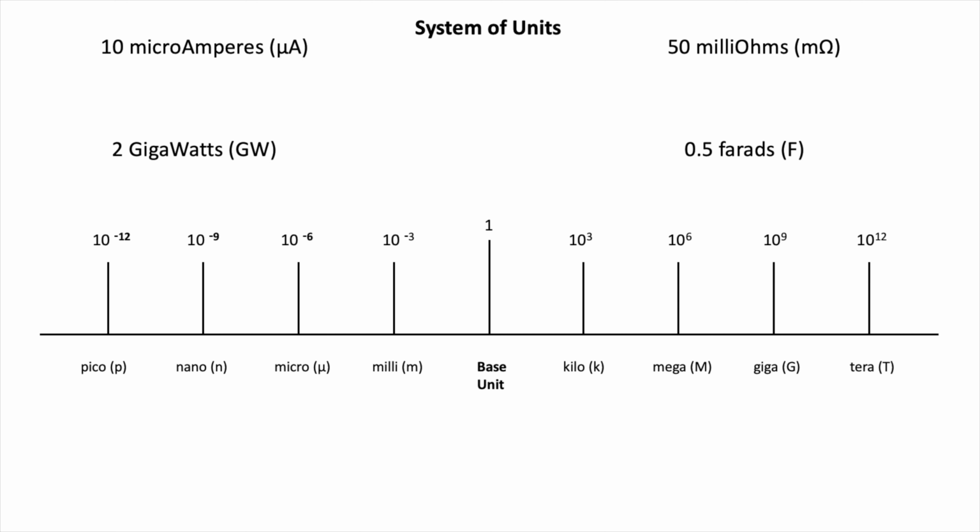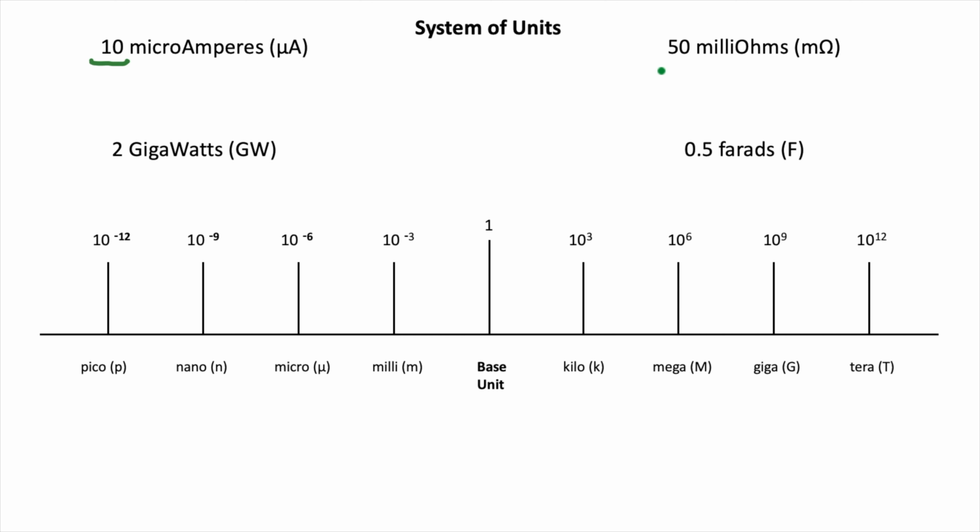All right, let's do one last example. Here you can see that we have 4 new expressions: 10 microamperes, 50 milliohms, 2 gigawatts, and 0.5 farads. So let's pick out our measurement, prefix, and unit. For our measurement aspect, we have our 10 right here.